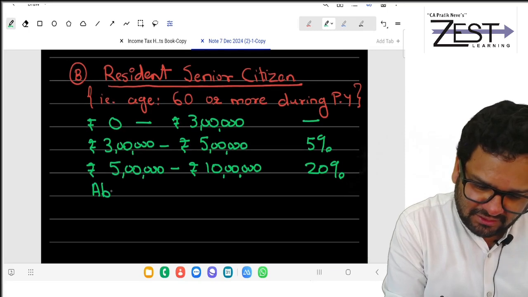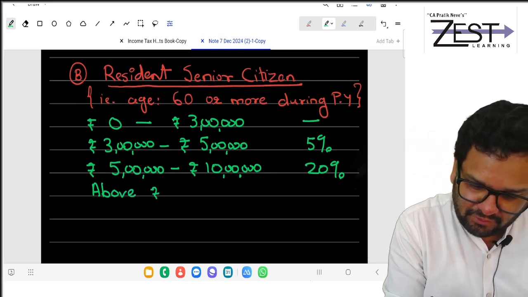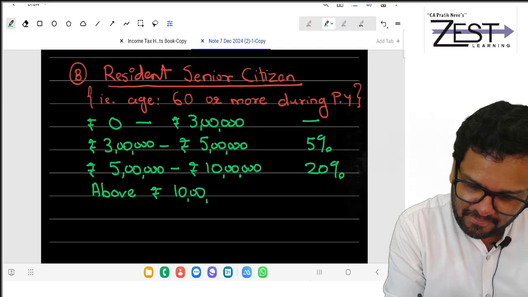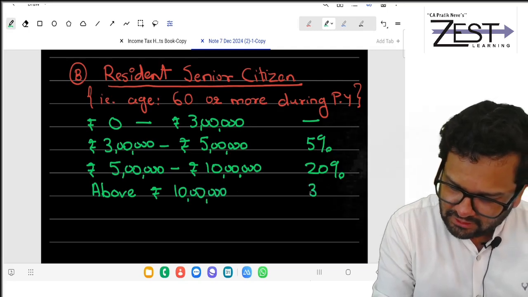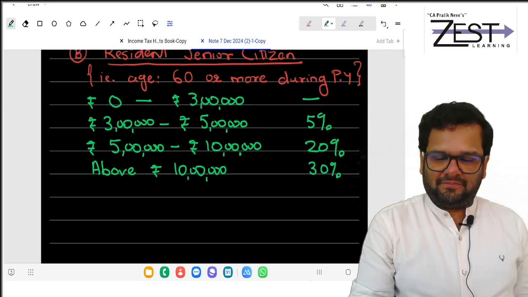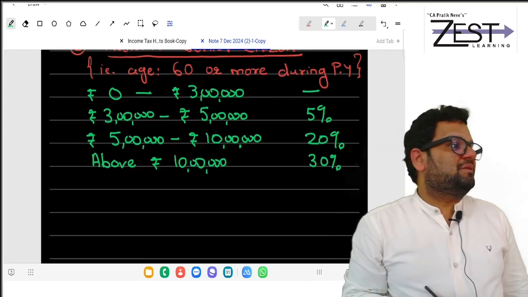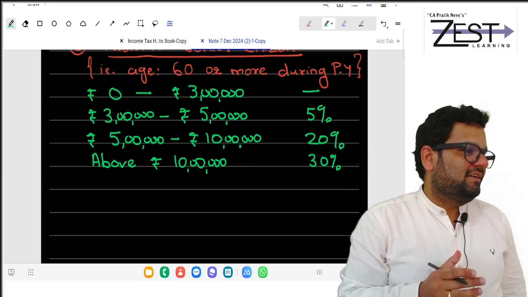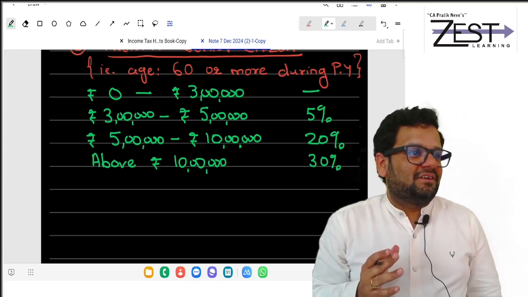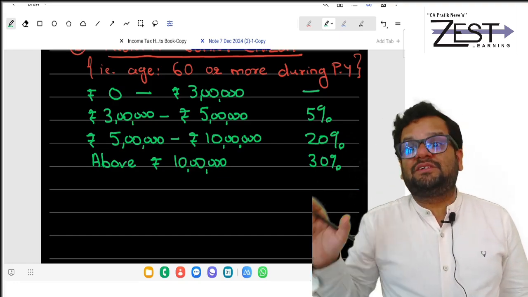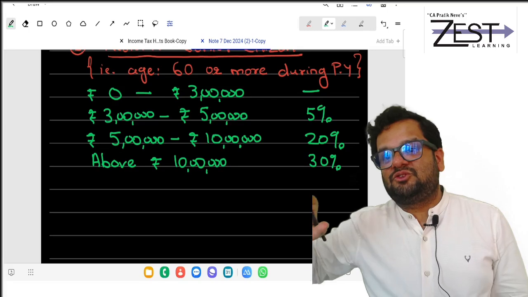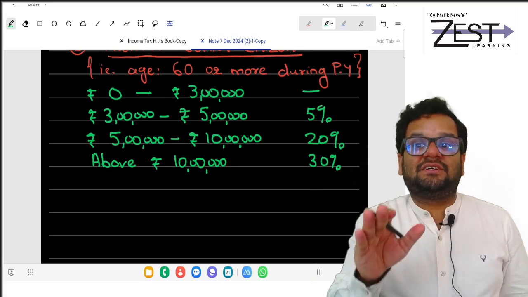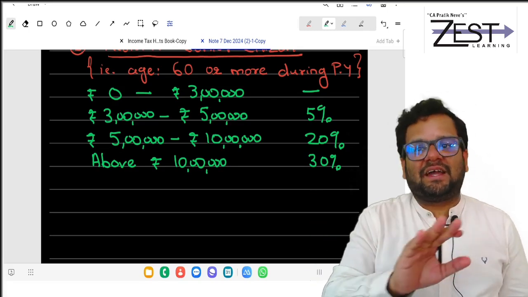Other things remain same, that is above 10 lakhs 30%. In short, just keep in mind BEL, basic exemption limit. So basic exemption limit 5 lakhs if you are resident super senior. If you are resident senior, then 3 lakhs.